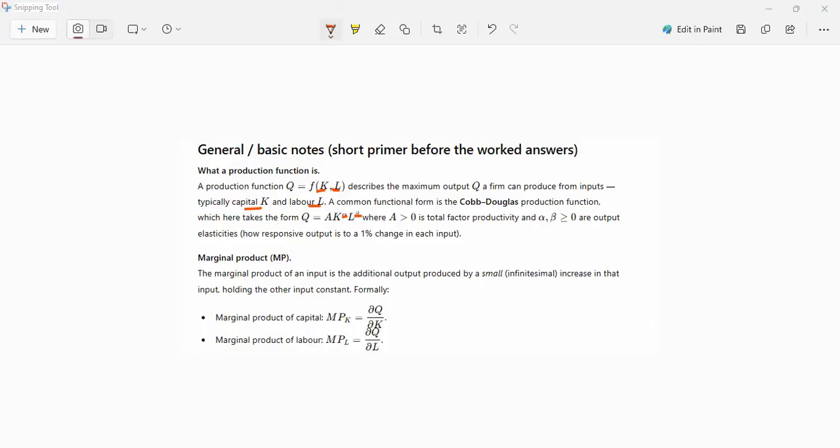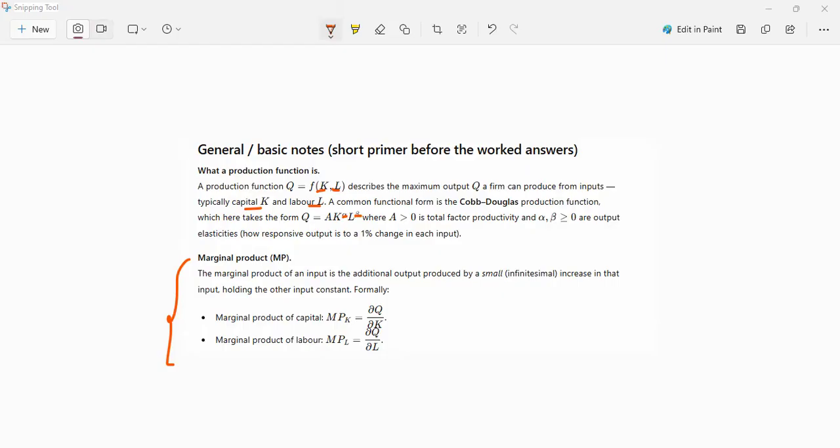Marginal product, MP. What are these marginal products? Marginal product basically shows how much extra output is produced when one more input is used while keeping the other constant. We have two typical types of marginal products: the marginal product of capital, which is MPK, and the marginal product of labor, which is MPL.